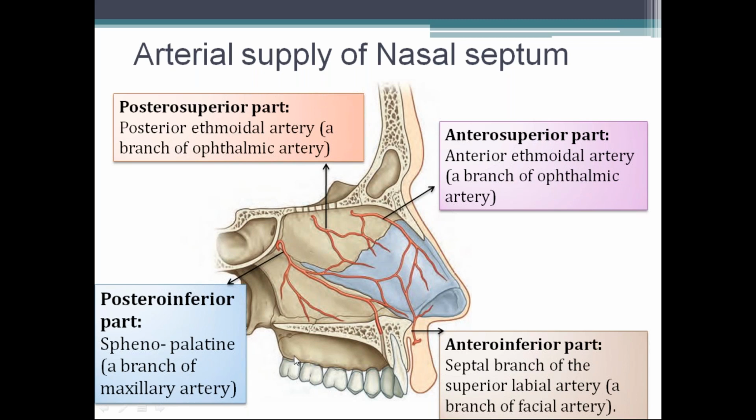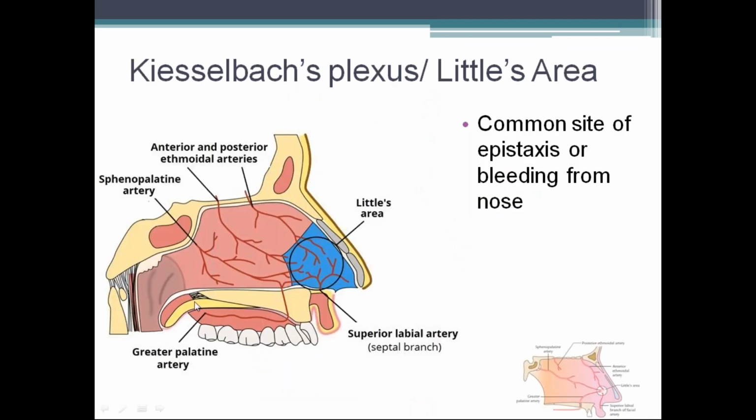In this anastomosis, even the greater palatine artery will contribute. In the next picture you can see the greater palatine artery runs along the alveolar margin on the undersurface of the hard palate. Through the incisive foramen, it enters the floor of the nasal cavity and anastomoses with the sphenopalatine artery and with the superior labial branch.